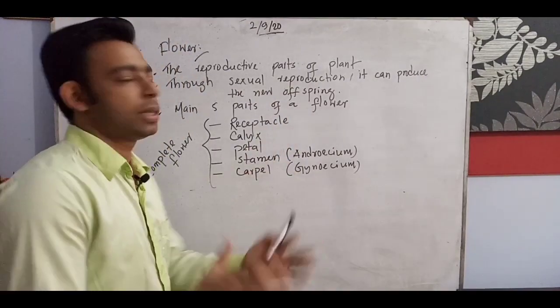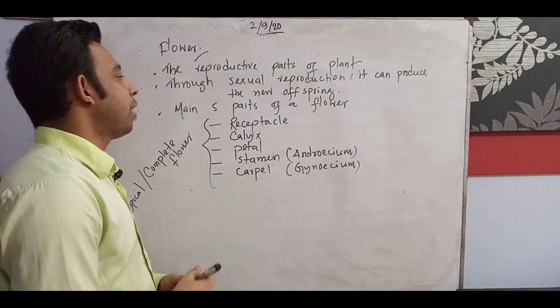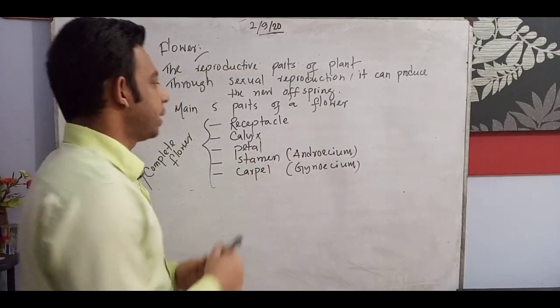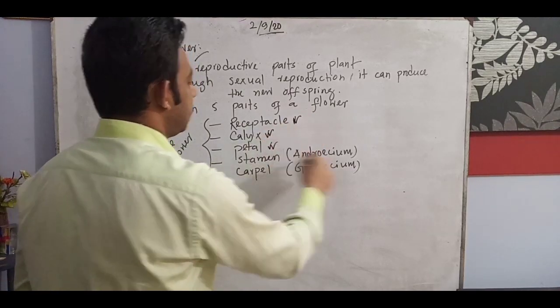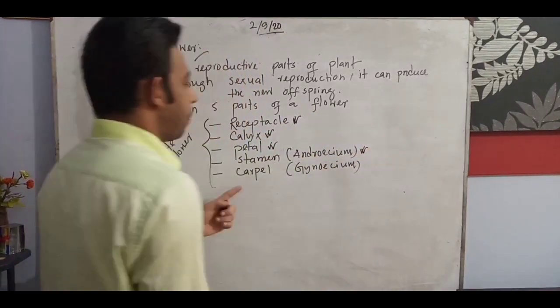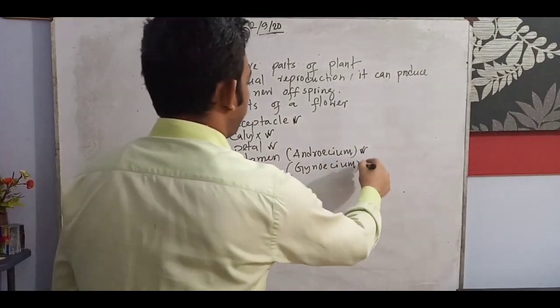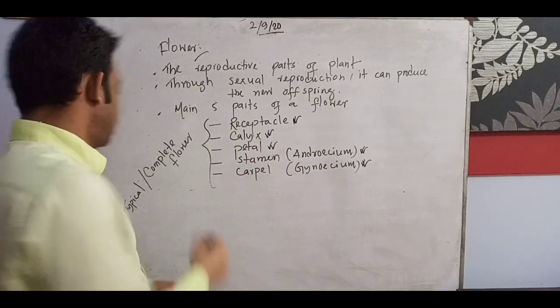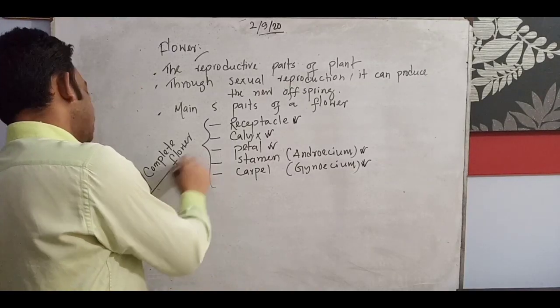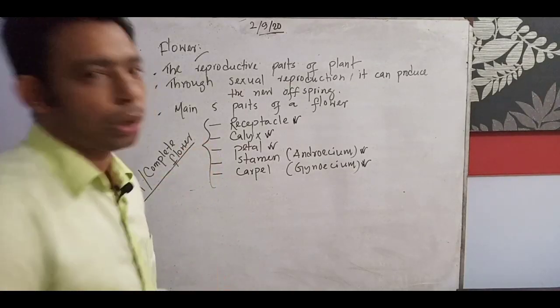The main five parts of a flower are the receptacle, the calyx, the petal, stamen for androecium, the male part, and carpel for gynoecium, the female part.